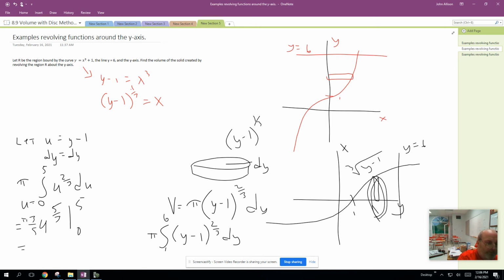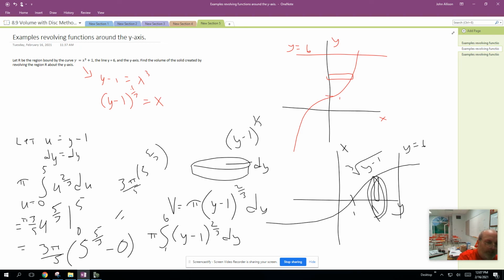So here we have 3 pi over 5 times 5 to the 5/3 minus 0. So our answer then would be 3 pi over 5 times 5 to the 5/3.